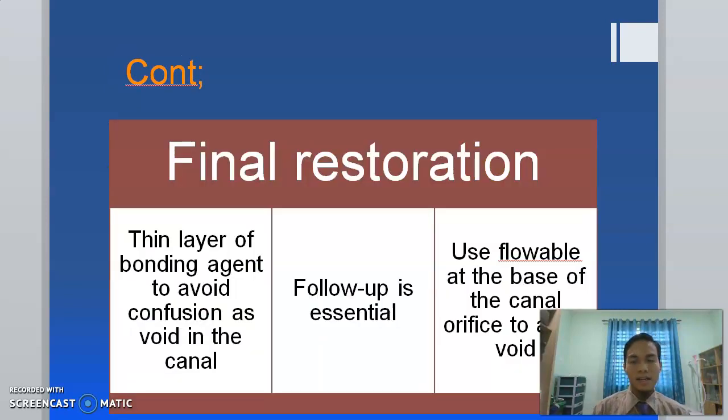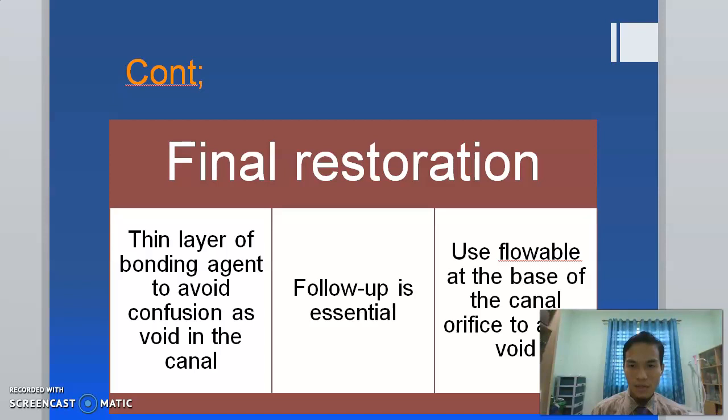And lastly, during the final restoration, the canal orifice might be too deep in the cavity, and we may have insufficient direct or indirect vision of the tooth. So we must carefully put a thin layer of flowable composite at the base so that, on the final radiograph, the clinician does not confuse it with a void in the canal.